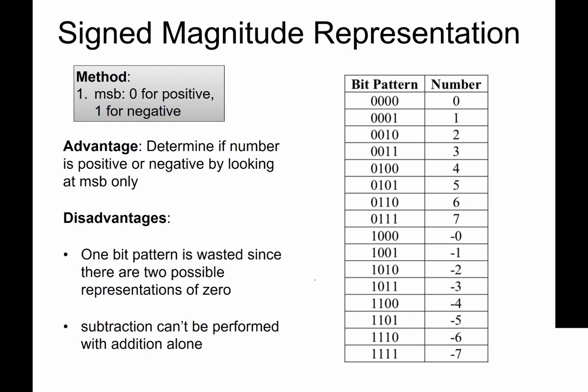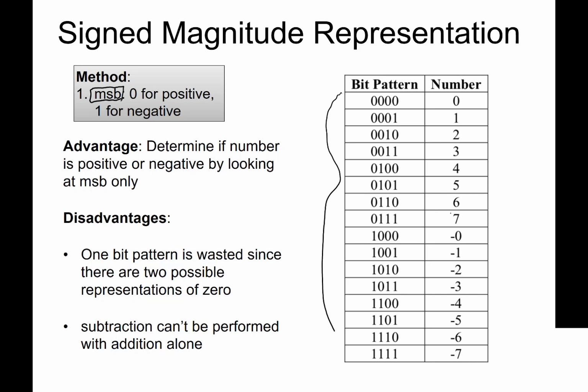So with the signed magnitude representation, all we do is represent if the number is positive or negative with a bit. So we use the most significant bit, and remember the most significant bit is the bit on the left of your byte, and we say that it's 0 if the number is positive and 1 if the number is negative. So let's go look at these numbers.